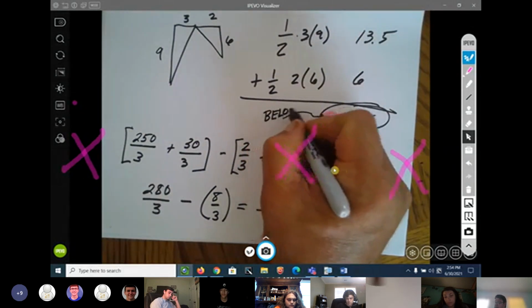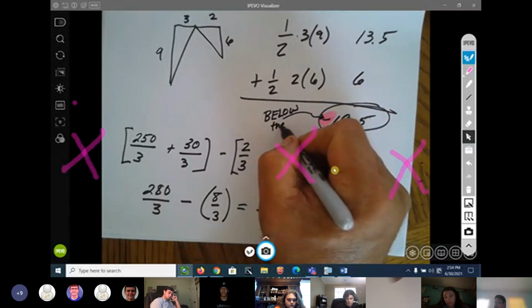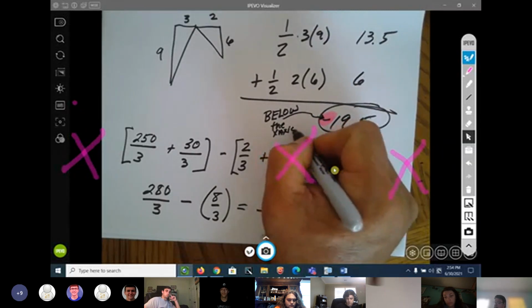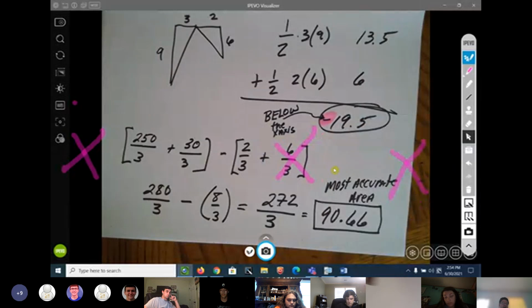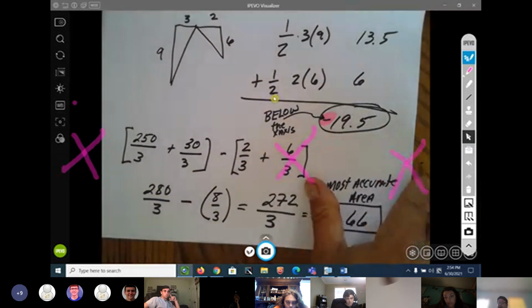So see, I counted it, even with my cross-eyes, trying to count those little squares. I got 17. And the area came out to be 19.5.